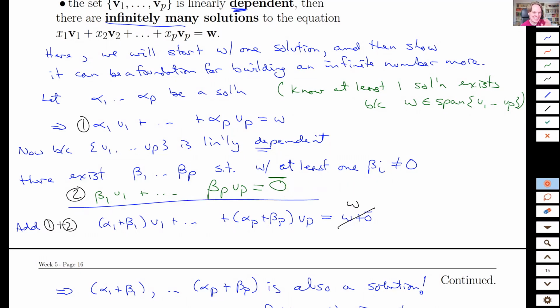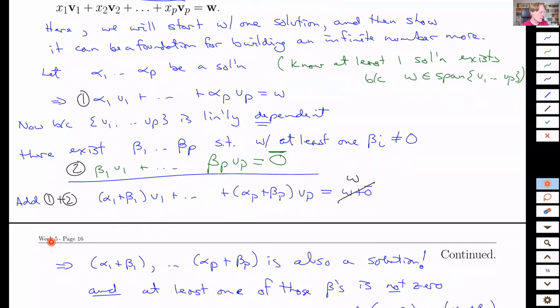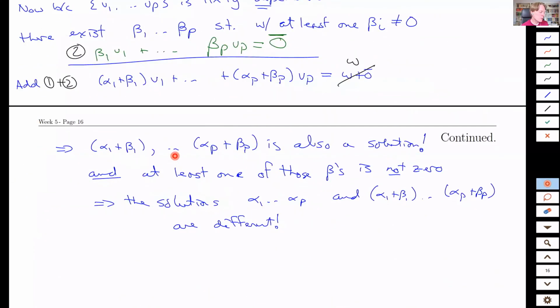So sorry, full question. If this was a linearly independent set, we would get to this stage here, except our conclusion is that every single one of these betas has to be zero. So we would get to here and we'd say, oh, I have two solutions. I have all the alphas, and then I have all the alphas plus betas, but every single one of those betas has to be zero.